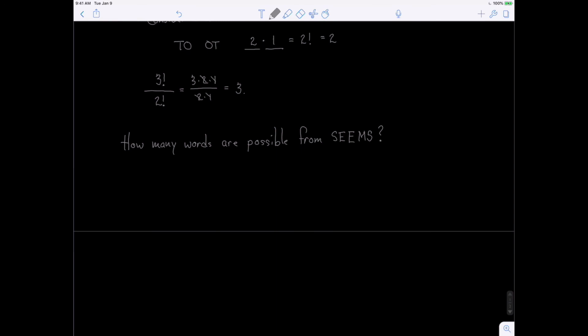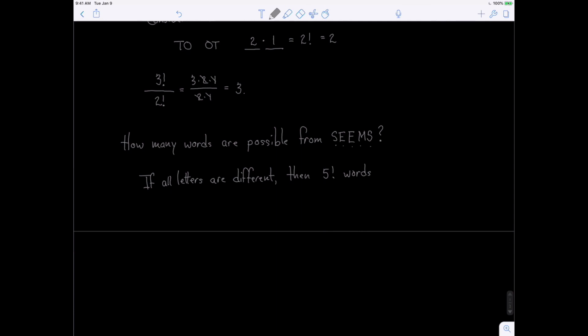Well, here's how we do this. We think of it as if all letters are different, then there would be 5 factorial words, because there's 1, 2, 3, 4, 5 letters in SEAMS.